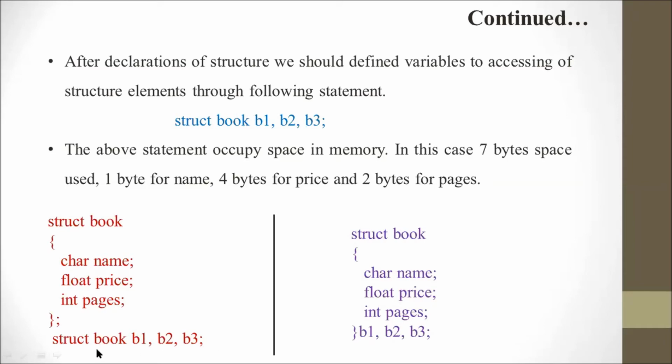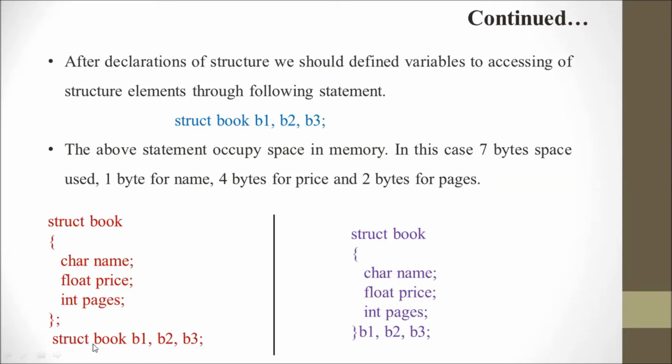Here we use struct book b1, b2, b3 and then a semicolon. In the other form we do not terminate the structure, so we directly use the b1, b2, b3 variables, but here we terminate the structure body by a semicolon.